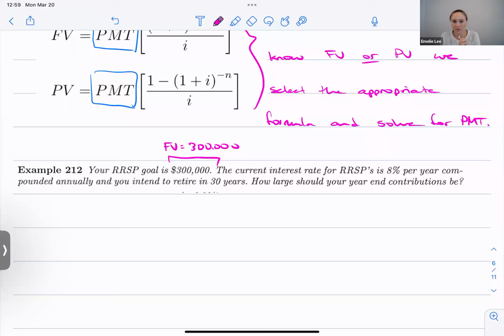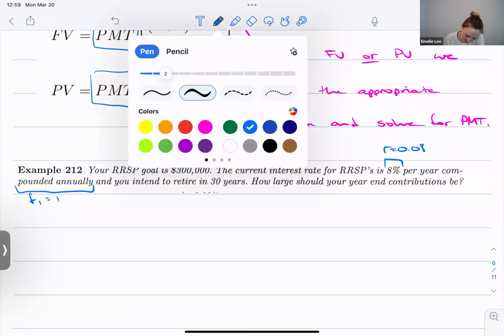The current interest rate for RRSPs is 8% per year compounded annually. So here, R is 0.08 and compounded annually, so F1 is 1. You intend to retire in 30 years.